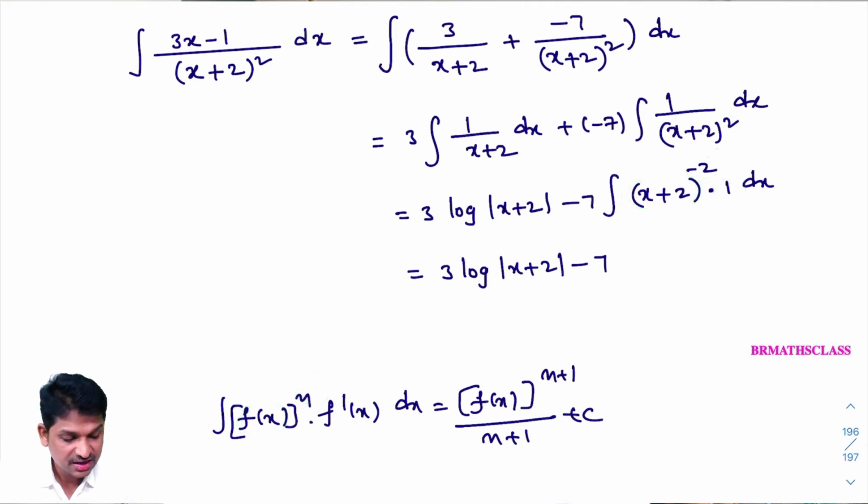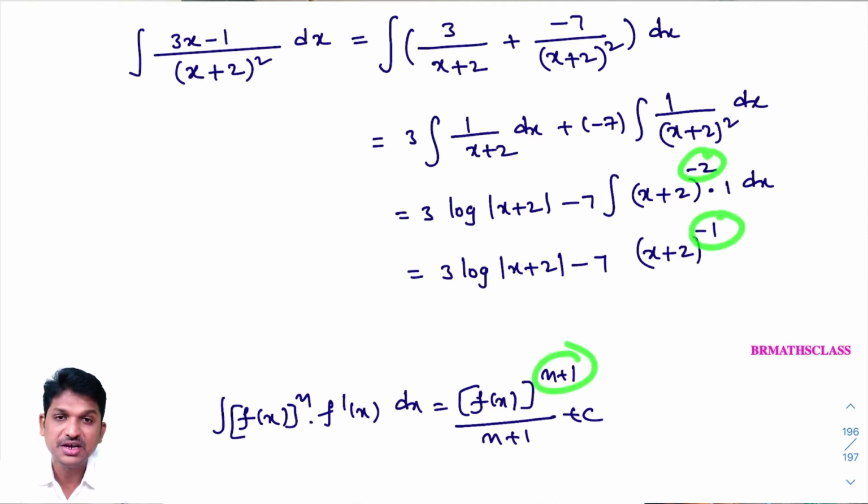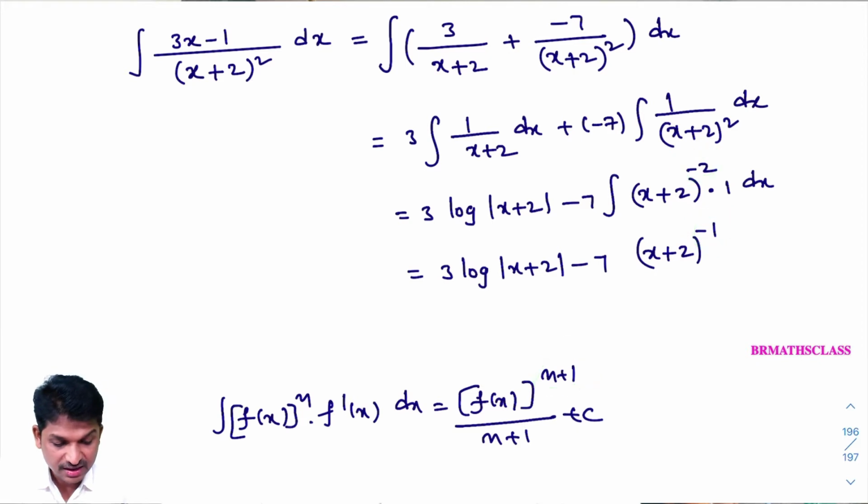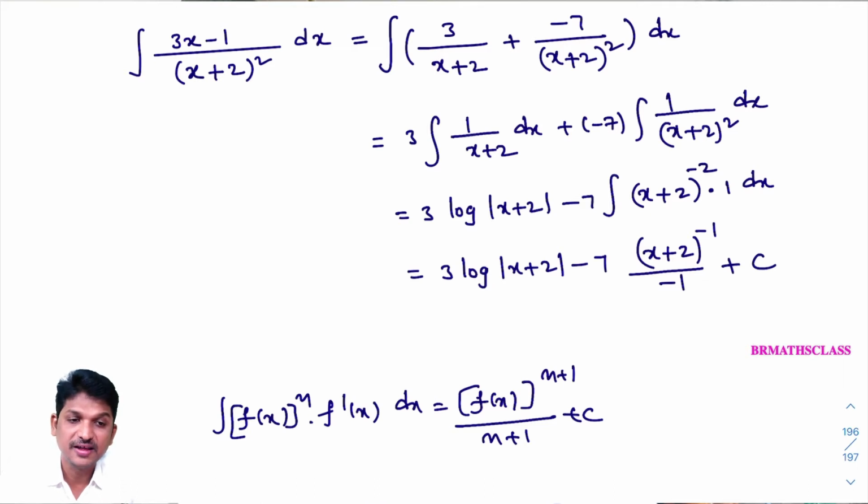So what is the answer? F of x whole power n plus 1. What is f of x here? X plus 2 whole power n plus 1, that is minus 2 plus 1. Here n plus 1 is there, right? N is minus 2. Minus 2 plus 1 is minus 1, divided by minus 2 plus 1, that is minus 1, plus c. I hope you are understanding.